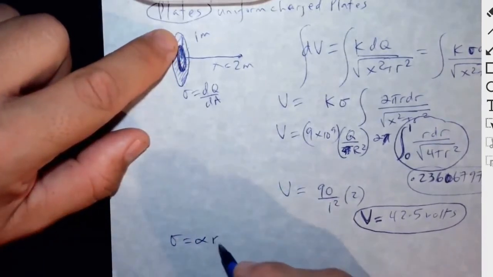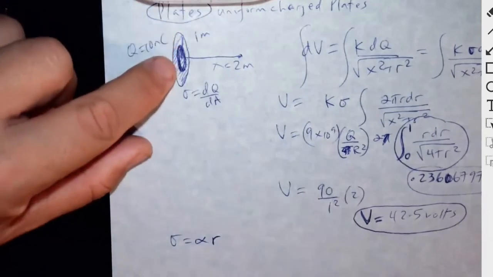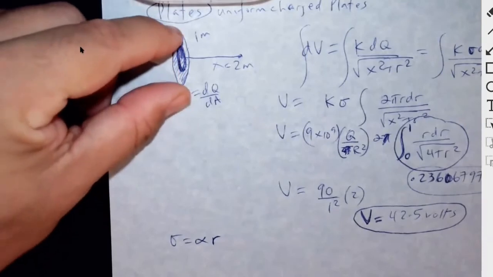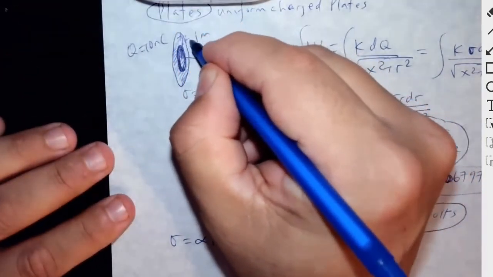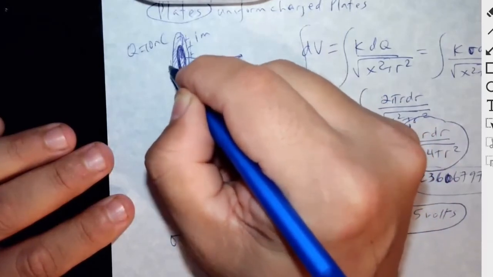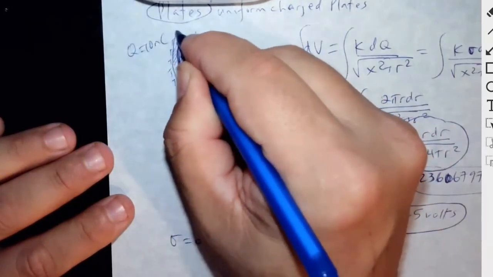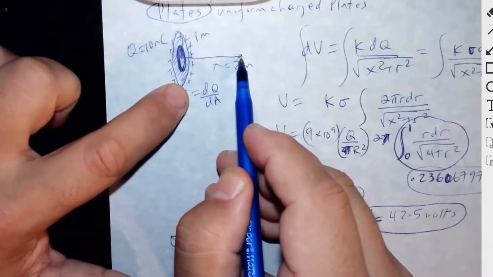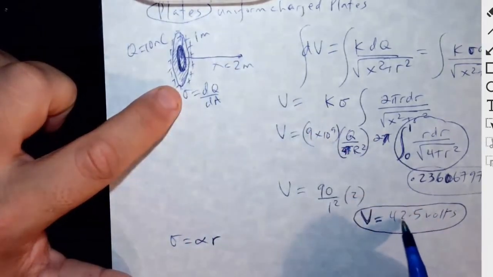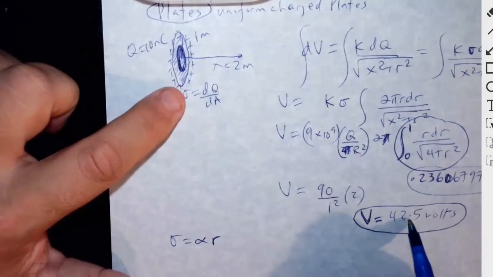The charge density is increasing linearly as you go out. So what would we expect? If there's more charge at the far edge, but the distance is farther away, we would expect the voltage to drop slightly. So maybe 38 volts, something like that, versus 42.